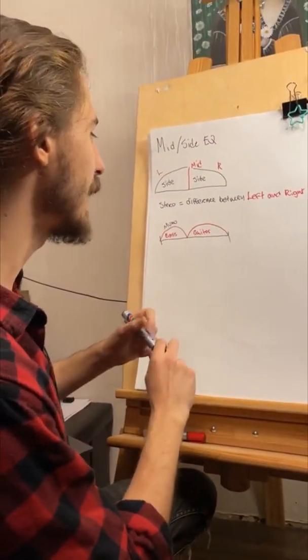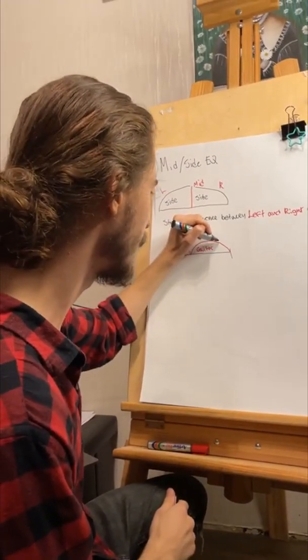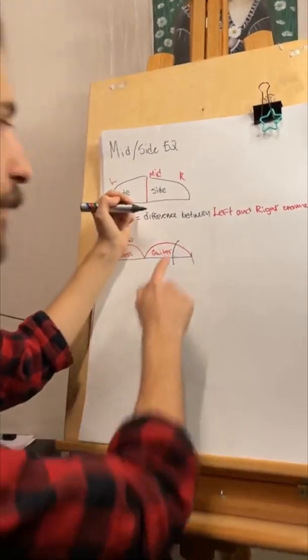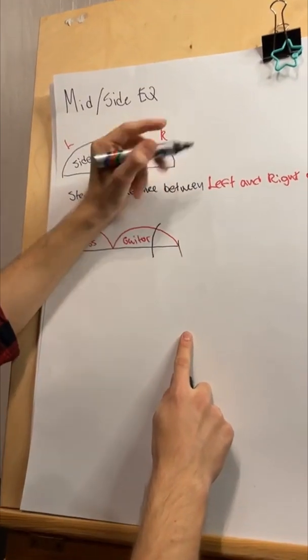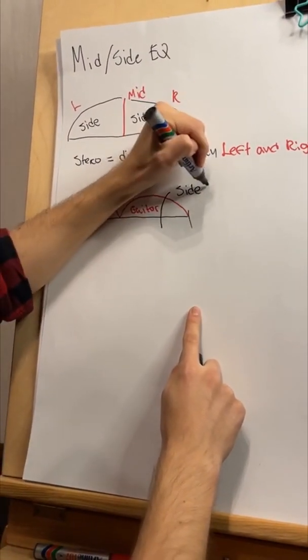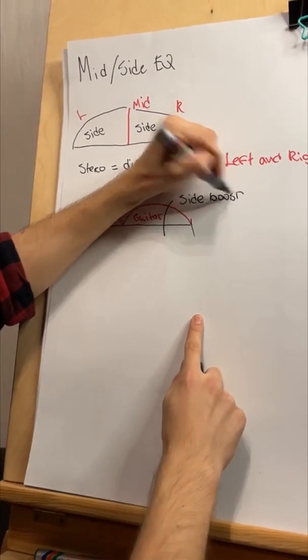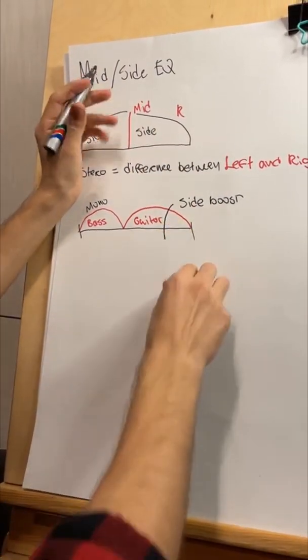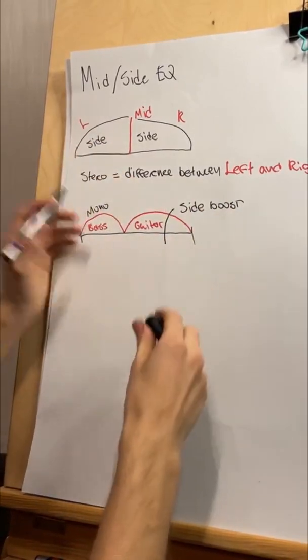So if you want to make your guitar wider, you can, for example, affect this part with stereo. So this is going to be the side, okay? Side, boost. And because you boost the side, it will become wider.